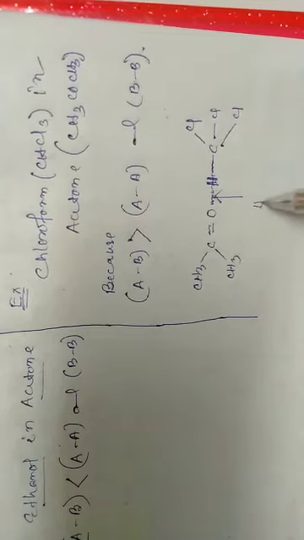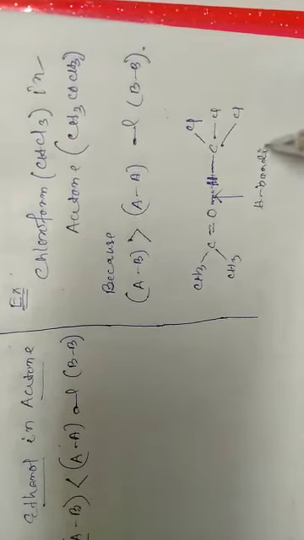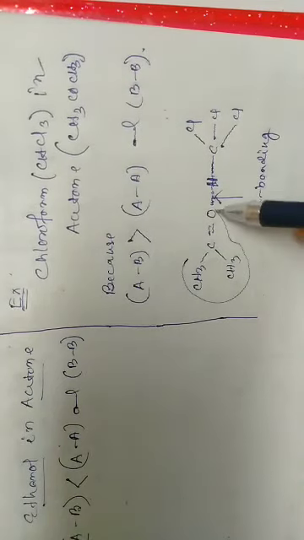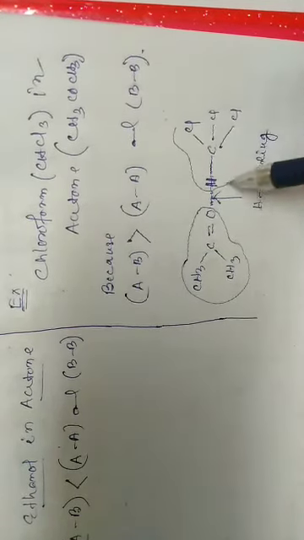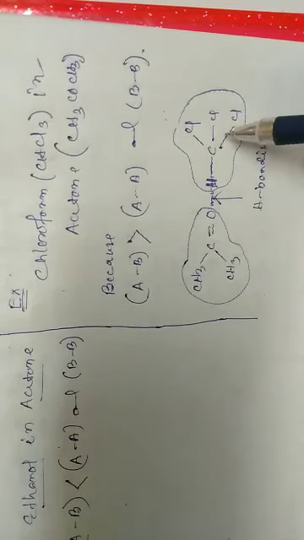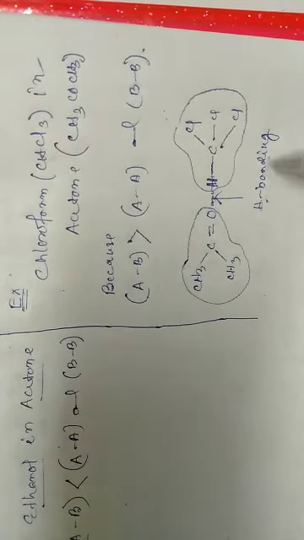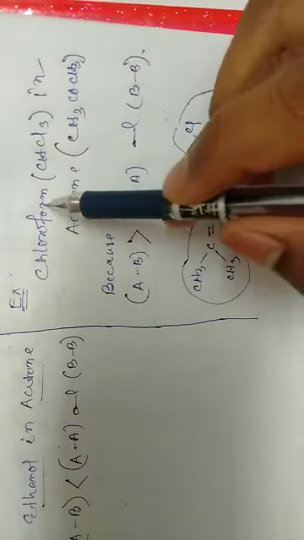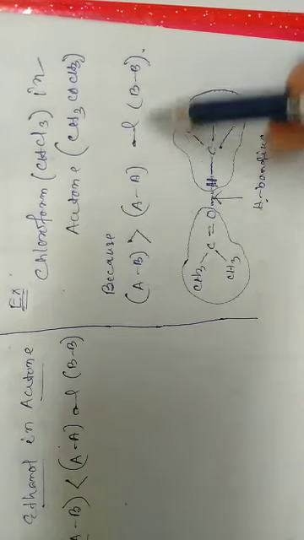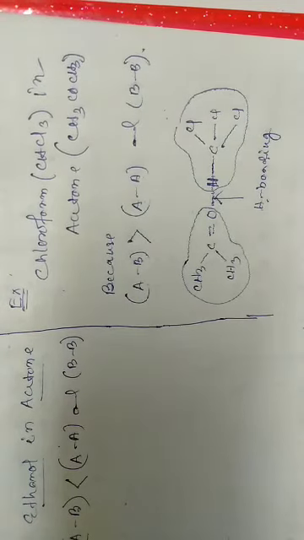This is an acetone molecule, this is an acetone molecule, this is an acetone molecule, and this is the chloroform molecule. So when acetone dissolves in chloroform, what type of interaction is formed? Hydrogen bonding. Therefore, in chloroform in acetone solution, AB interaction is greater than the AA and BB interactions.